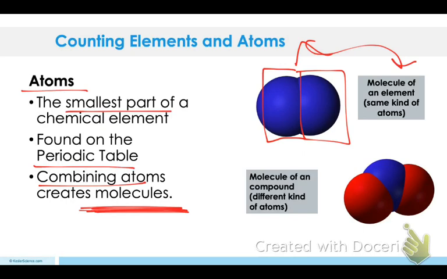There are 2 atoms in this molecule of an element. And then there are 3 atoms in this molecule of a compound. This one says compound and this one says element. That means there are 2 different atoms in this compound. Go ahead and pause here if you're still writing.